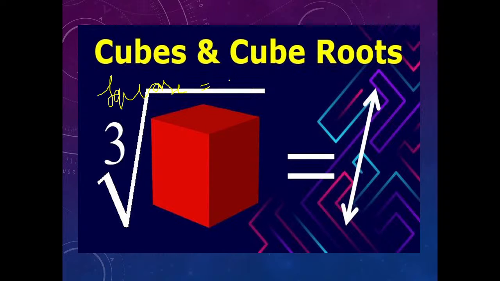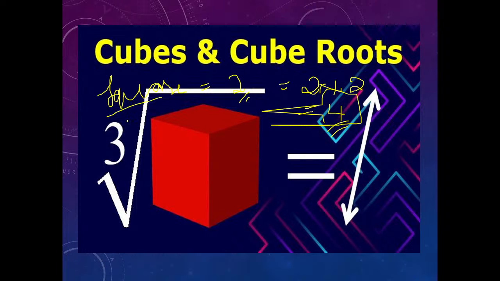If I say 2 is my number, what you are doing is 2 times 2, which is equal to 4. So the square root of 4 is 2. That is what I'm talking about with square roots.